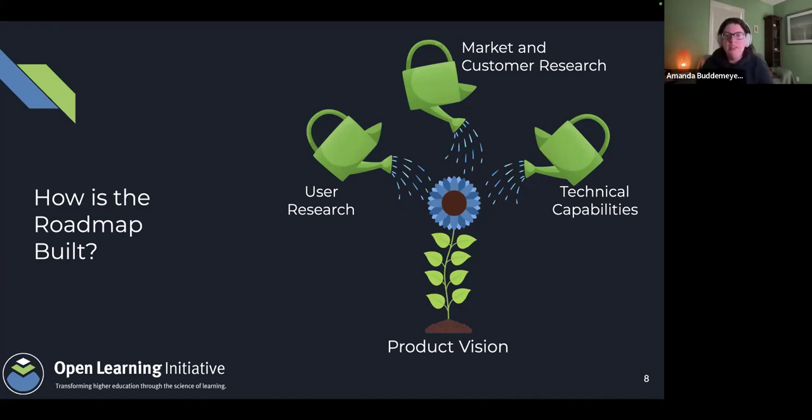So what are the things we have to consider, and what are the things that help us to grow Torus in that direction? One thing to consider is technical capabilities, both in terms of limitations of what we can fit in a particular release, but also in terms of opportunities, as we look at what technology is out there and being used.